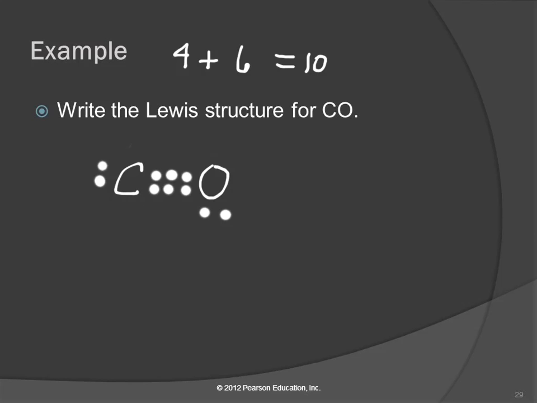So if I'm going to write this in a nicer way, I might write it out like this. Each of them has 8 electrons. Remember that each of these lines is 2 electrons, because it's like you connected the dots between the 2 electrons. Each line represents a bond of 2 electrons.